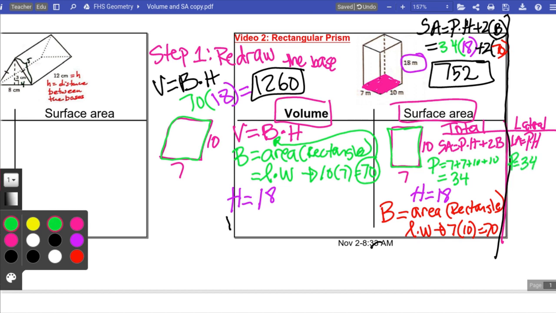And we know big H is 18. Then all we have to do is simply multiply. So I'm going to put it on top. LA is perimeter times big H. We know perimeter is 34 times H, which is 18.